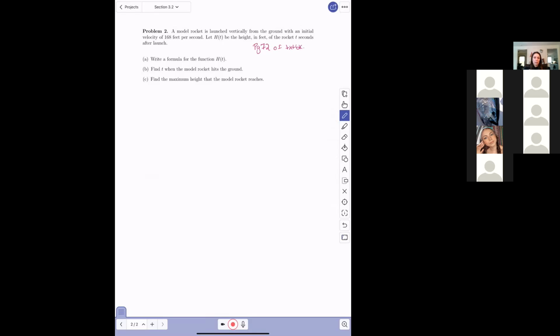It's the height of a projectile above ground with respect to time, and it's given by -16 t squared plus the initial velocity, which we call v sub 0, times t, plus the initial height, which is h sub 0.